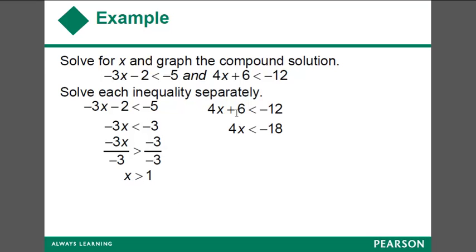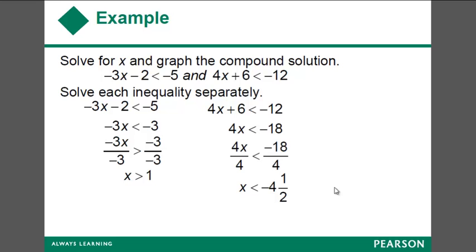On the other inequality, I'm going to subtract 6 from both sides, and I get 4x is less than negative 18. Divide by 4, and I get x is less than negative 4 1/2. Where would x be greater than 1 and x be less than negative 4 1/2?